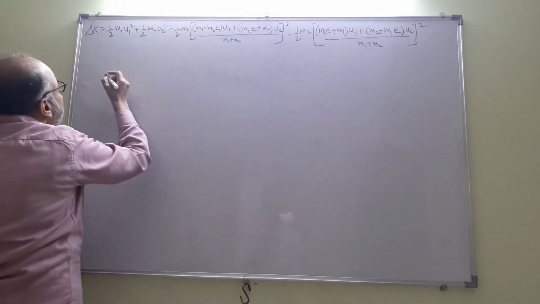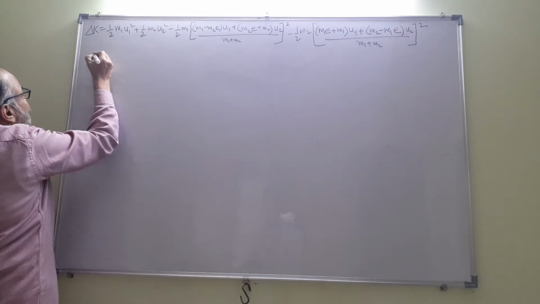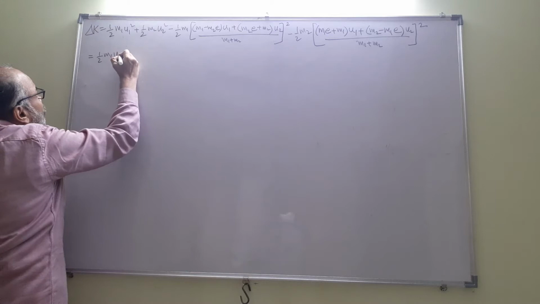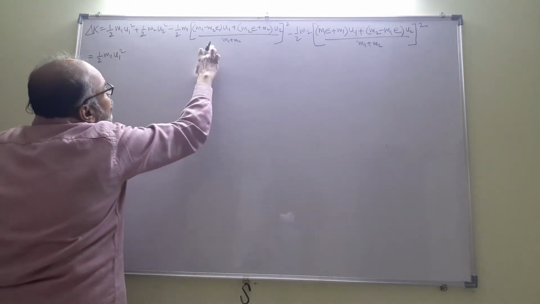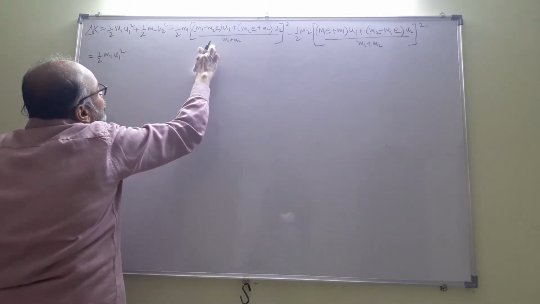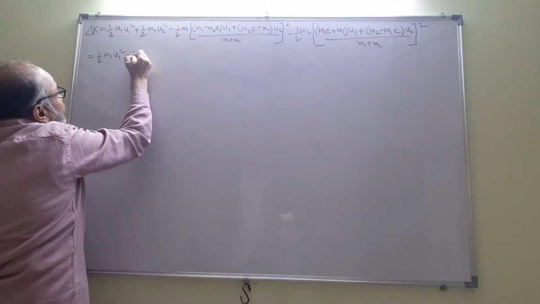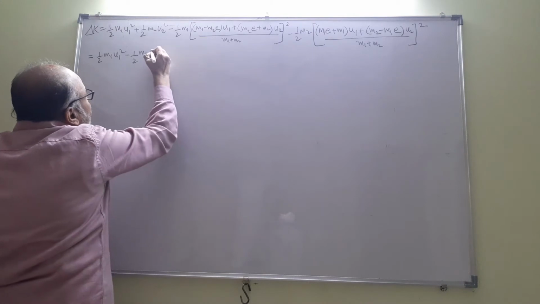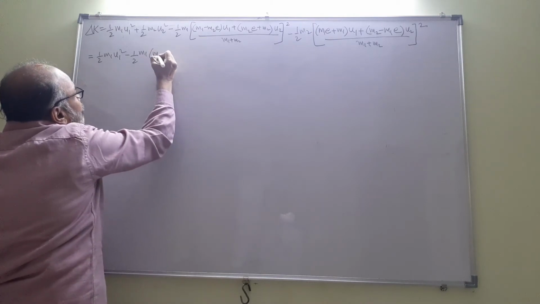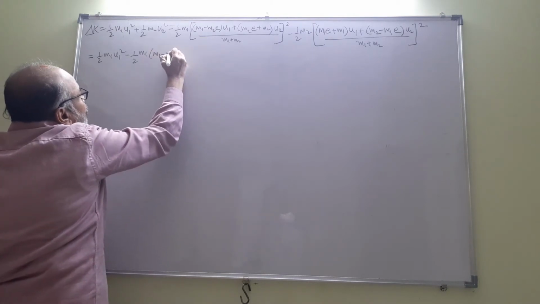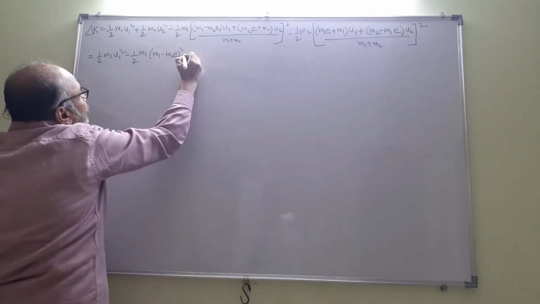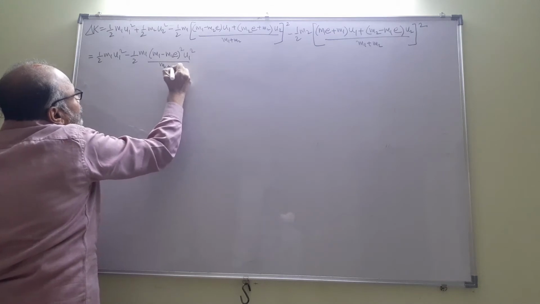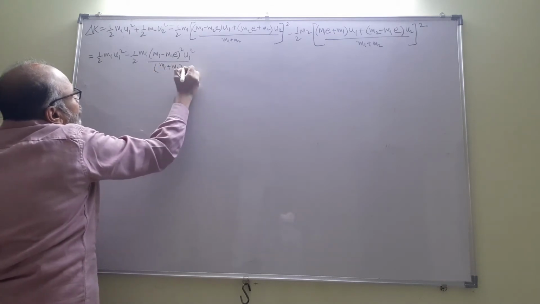So let's do that. So this will be half m1 u1 squared. The u1 squared for this would be minus half m1 into (m1 minus m2 e) the whole squared, u1 squared by (m1 plus m2) the whole squared.